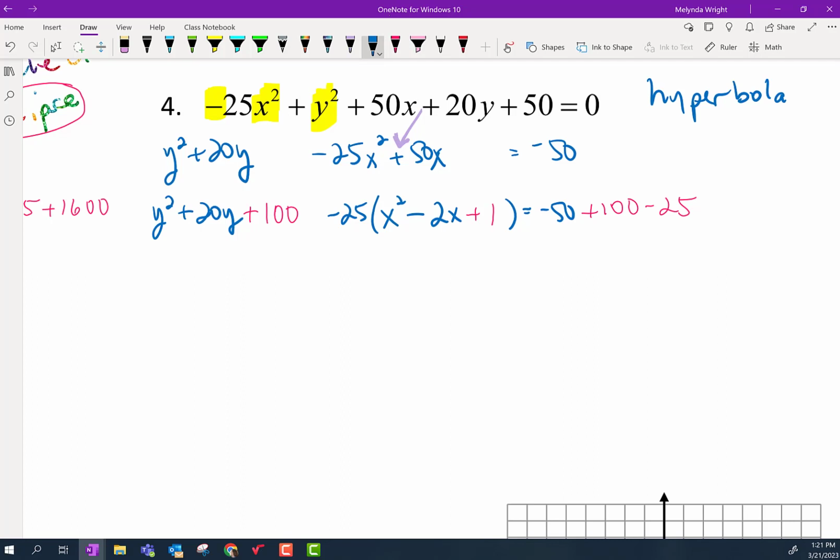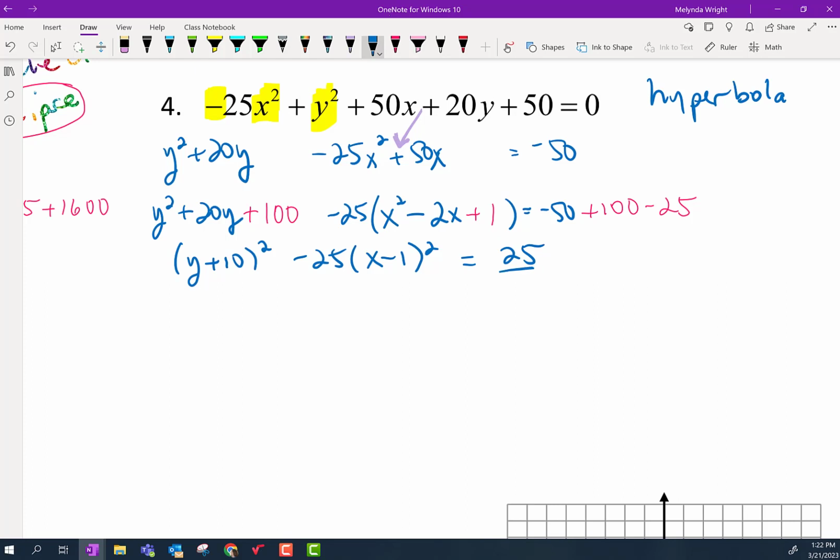All right, so let's clean this up. So I've got y plus 10 squared minus 25 times x minus 1 squared equals, I add all those numbers up and I get 25. Now this is a hyperbola, so it's supposed to equal 1.